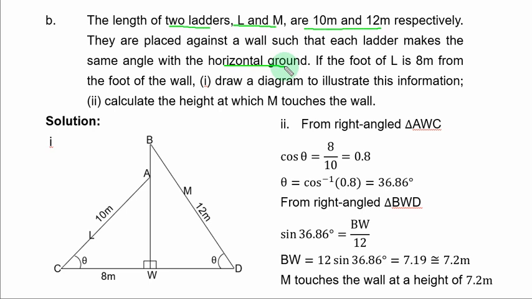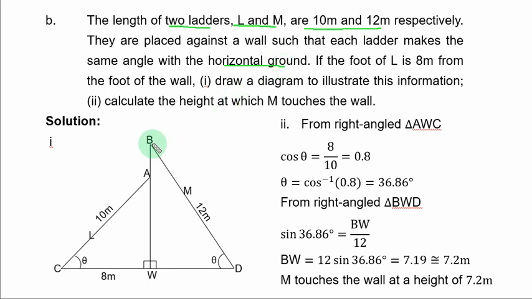If the foot of L is 8 meters from the foot of the wall: 1. Draw a diagram to illustrate this information. 2. Calculate the height at which M touches the wall.